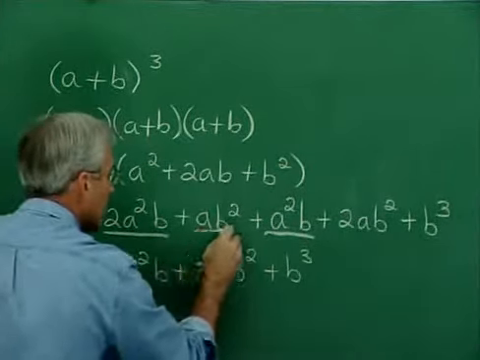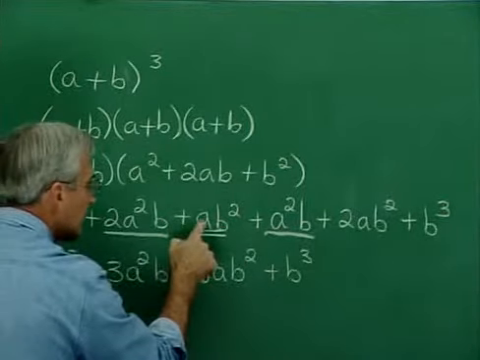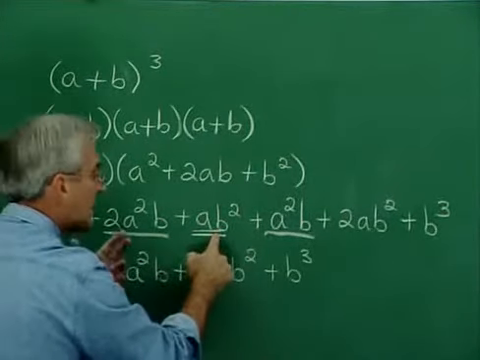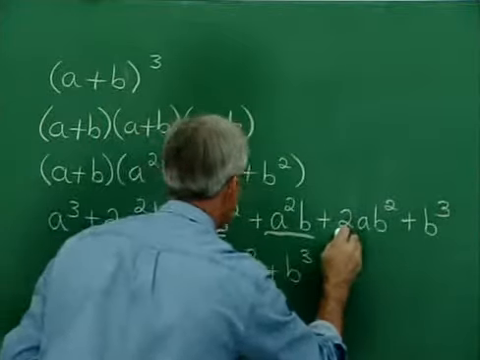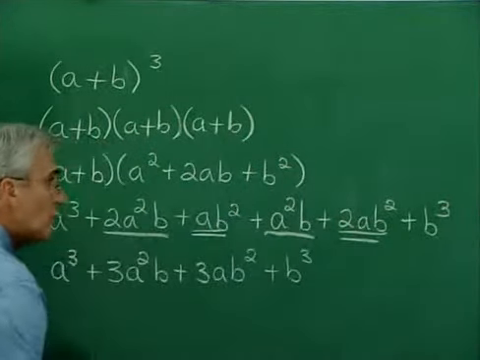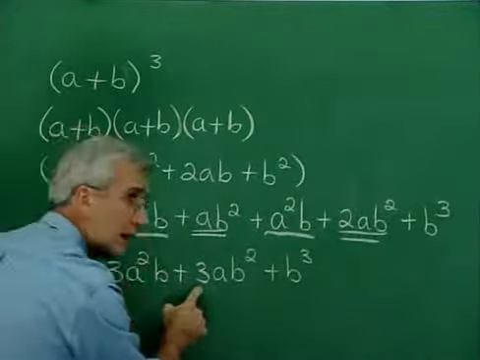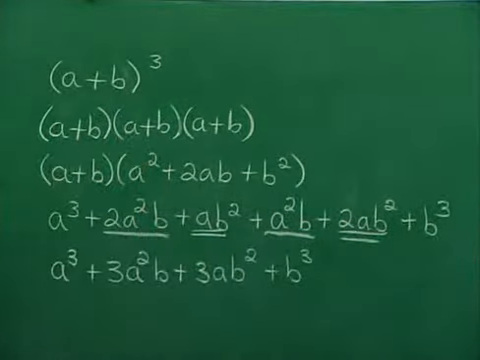And then in a similar way, we have one AB squared here, and we have 2 AB squared here. So together we have 3 AB squared. And then we bring down the B cubed.